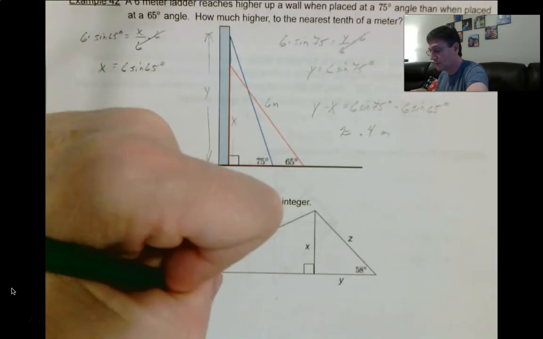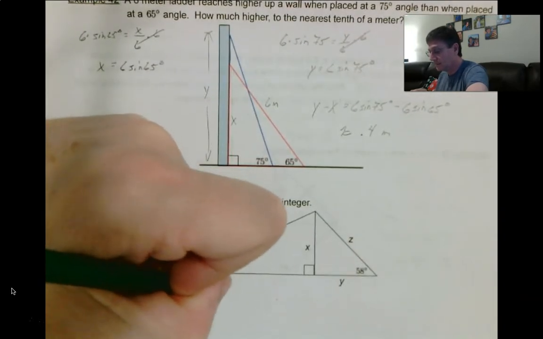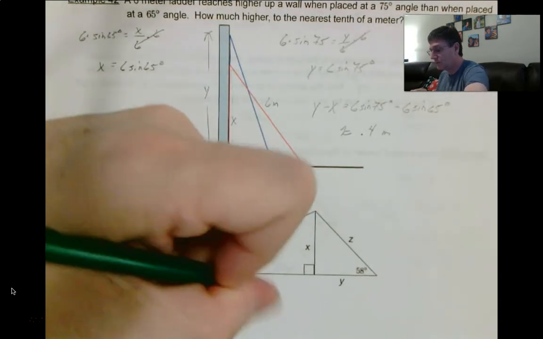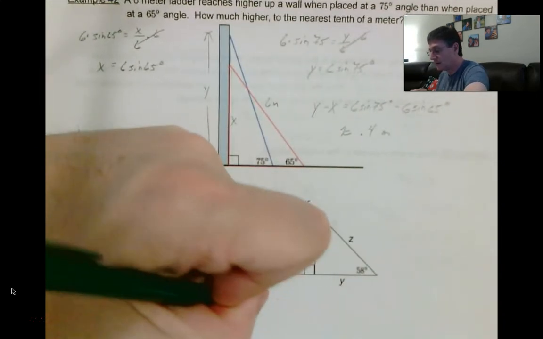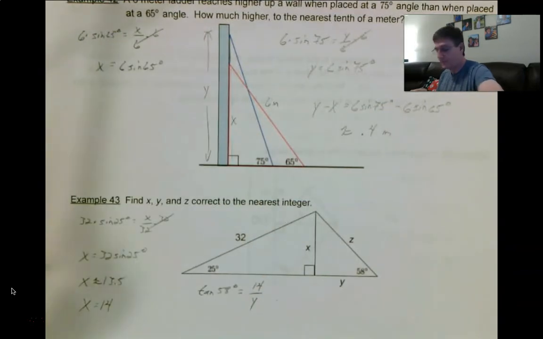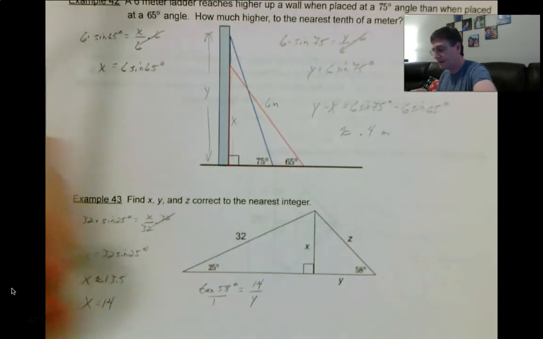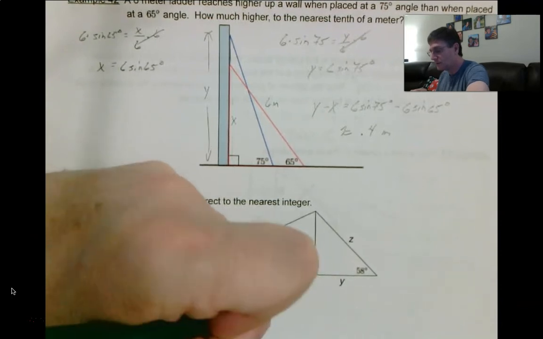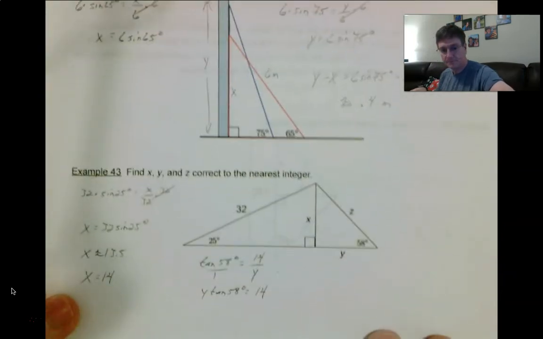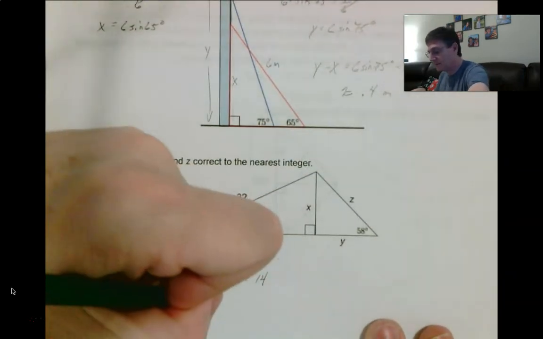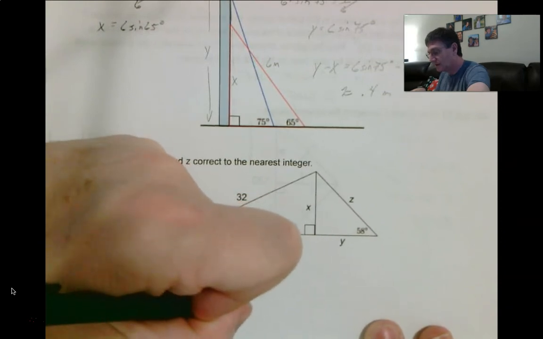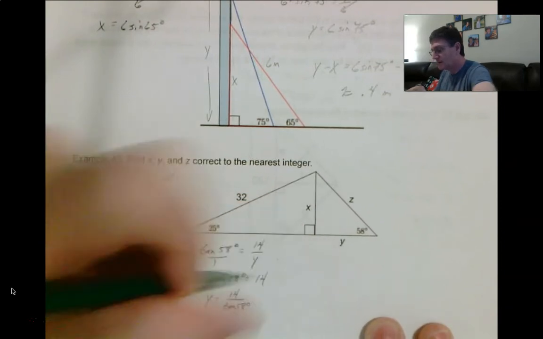So we're going to go tangent of 58 degrees equals 14 over y. Cross multiply. Y tan 58 degrees equals 14. Divide both sides by tan 58. Y equals 14 over the tangent of 58 degrees.